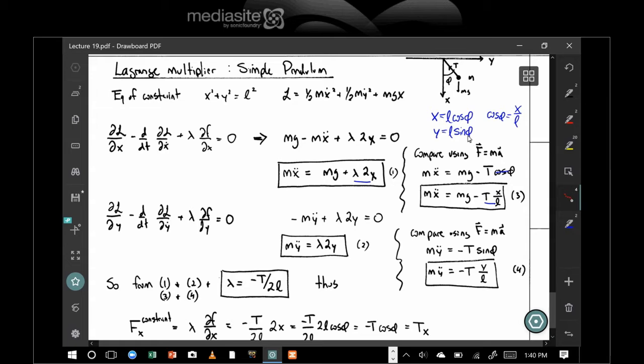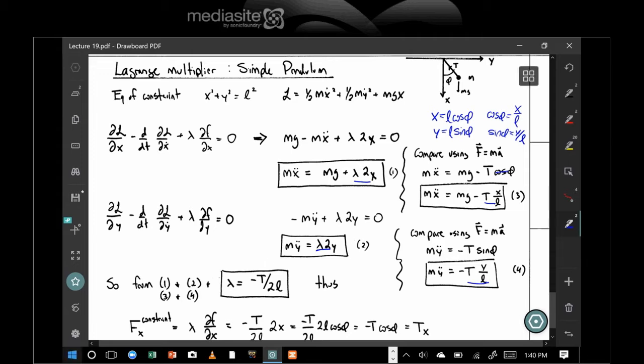Using this relationship here, I can say that sine phi is going to be y over L. Okay, so I compare now. I look at this term here to this term there, and I get the same result, that lambda is equal to minus T over 2L. So I've solved for the multiplier.